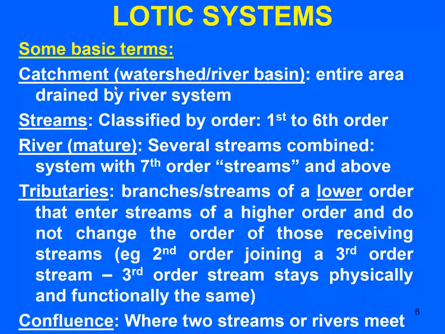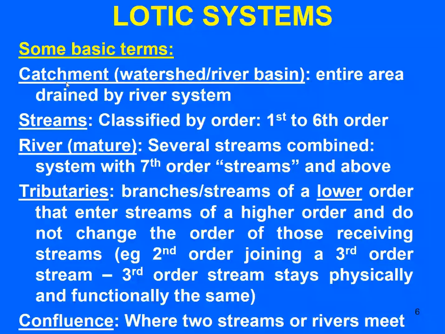Firstly, the word catchment. Now, you can interchange that word with the American word watershed, which you will find in most textbooks and on the internet, or the word river basin, which a lot of you possibly learnt about in geography.